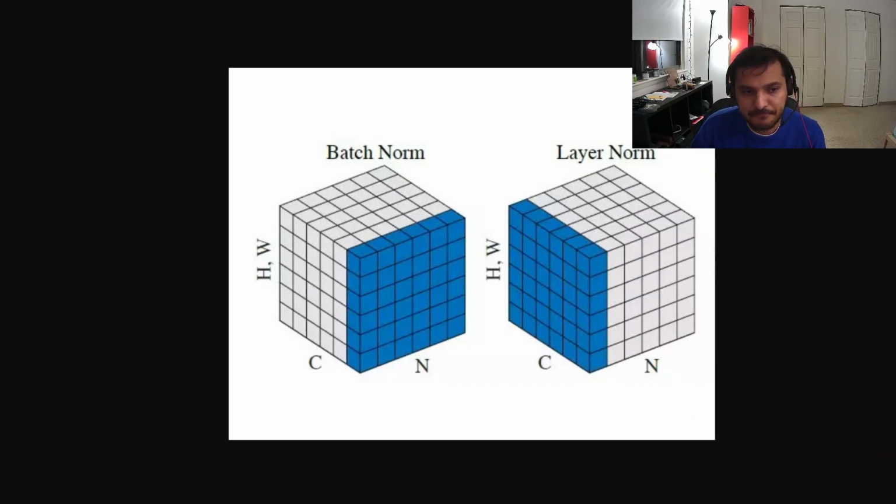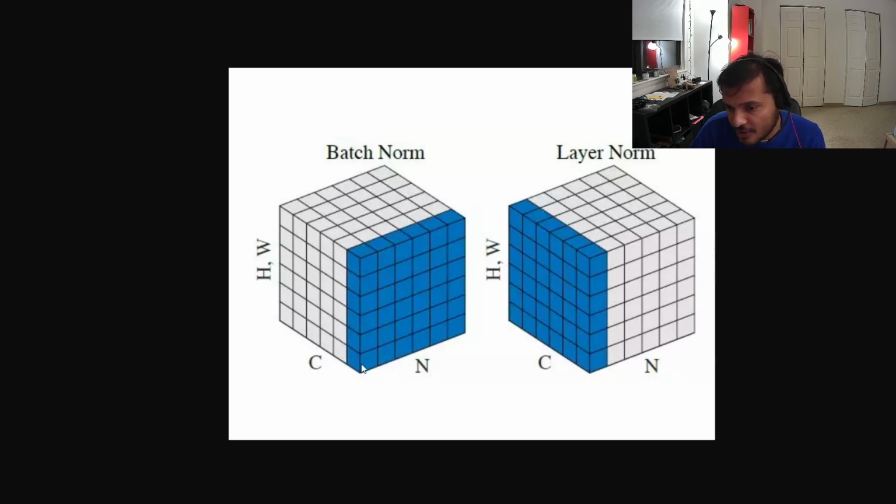Right, so this is the channel dimension. Let's say we are looking at images. Now this is my batch. That means each of these slices is a separate image, so that's my n dimension.